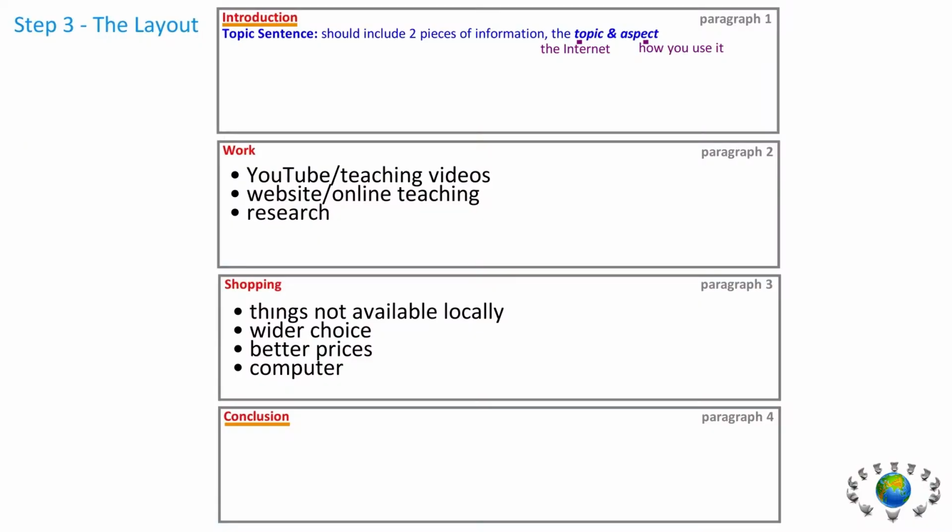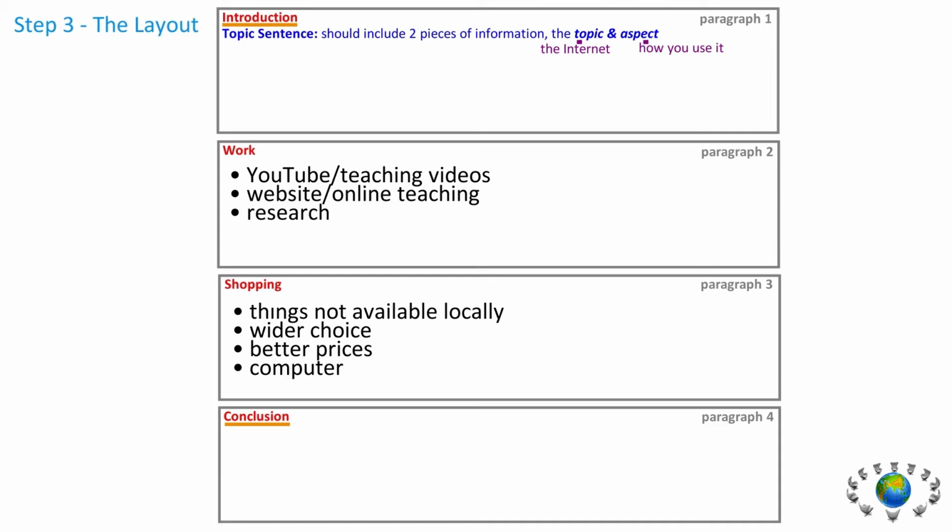Are we writing about the devices you use to connect to the internet? No. The reason why we are writing, or the exact reason, we call this the aspect. And in today's writing, the aspect was how you use the internet.